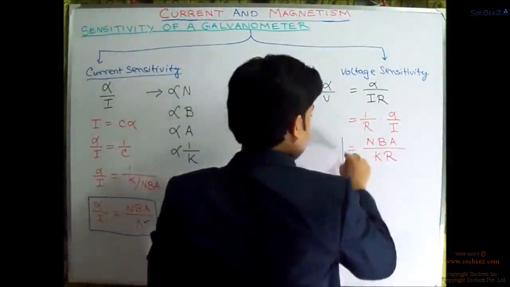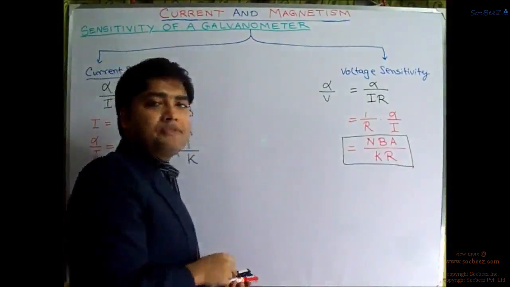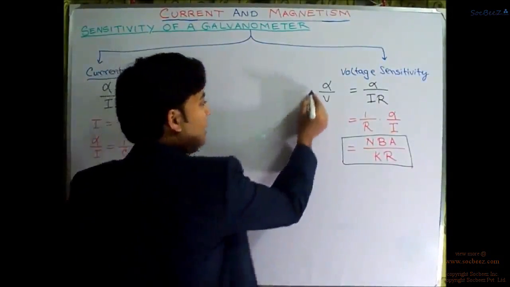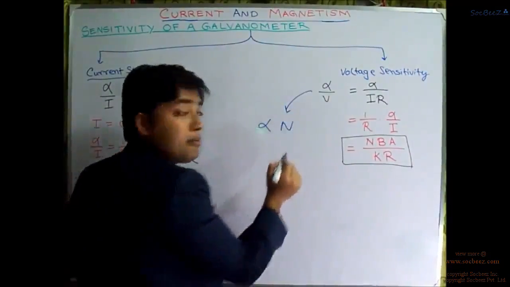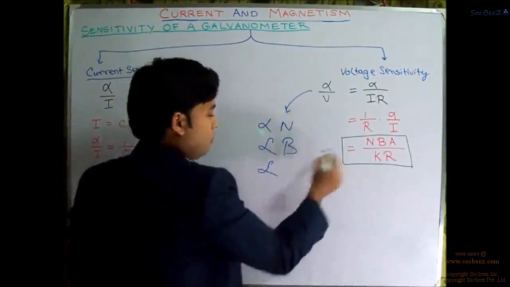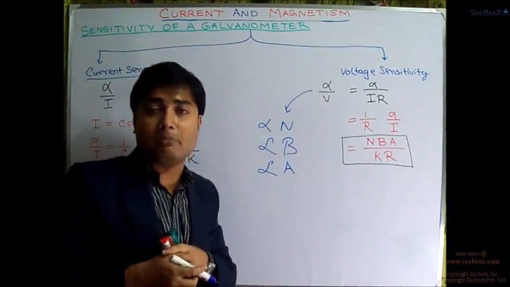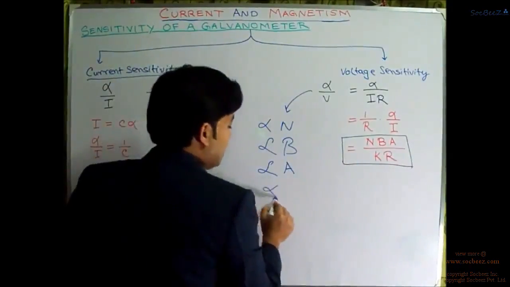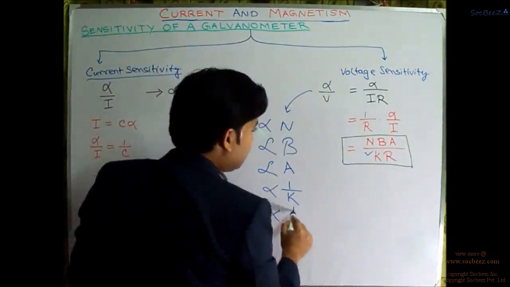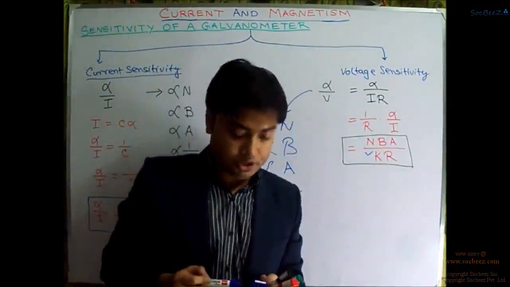From this we can observe that the voltage sensitivity of a galvanometer is directly proportional to the number of turns, directly proportional to B, directly proportional to the cross-sectional area of the rectangular frame we were discussing, inversely proportional to the torsional constant, and again inversely proportional to the resistance of the galvanometer, right?